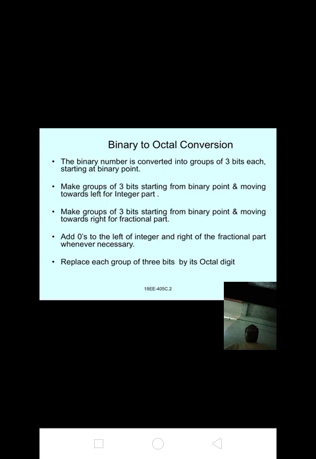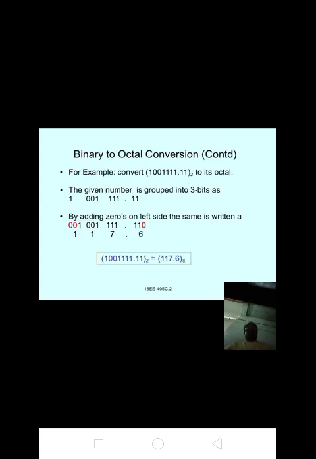But we must know wherever the zeros must be placed and wherever grouping is to be done. For example, convert 100.111 base 2 to its octal. Now the integer part and fractional part must be grouped into 3 bits each.